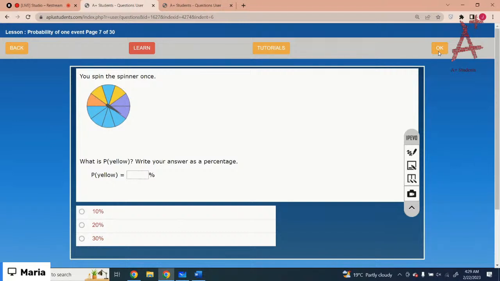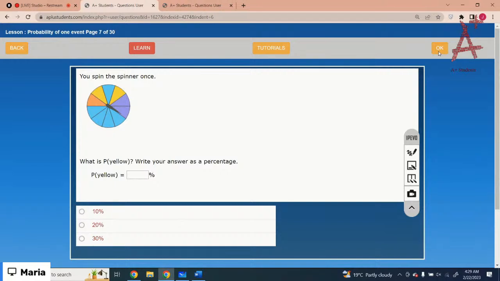Got it? And the probability of getting yellow is, you have 2 of the portions that are yellow. So it would be 2 over 10, and 2 over 10 times 100 is 20%.